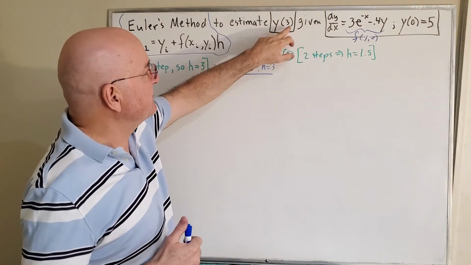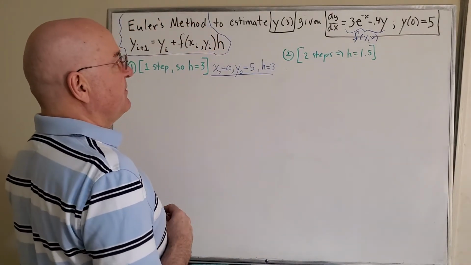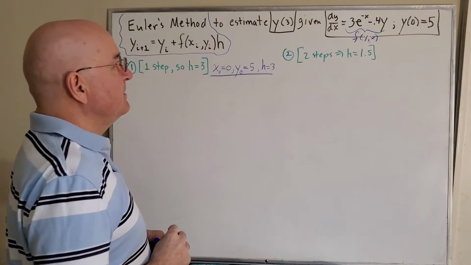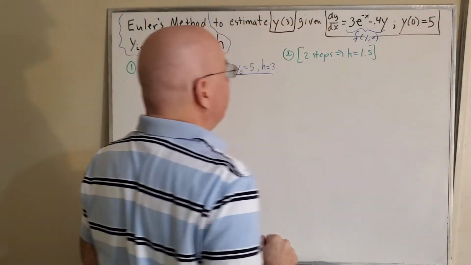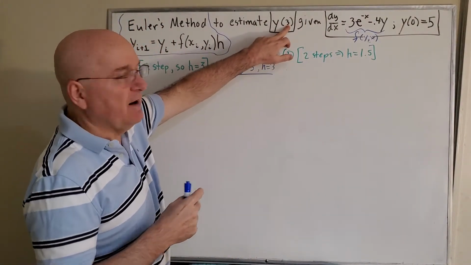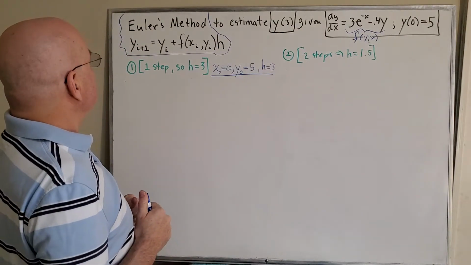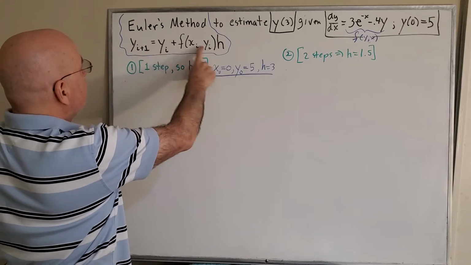So y at time 3, given this differential equation, which we've already solved in an earlier video, but this is our function of x and y, and we're given that at time 0, y is equal to 5. Now we're trying to estimate out to time 3. I wrote the formula for Euler's method right here.